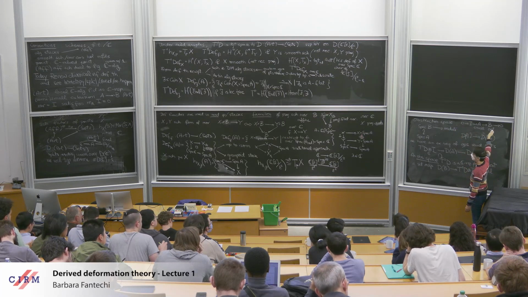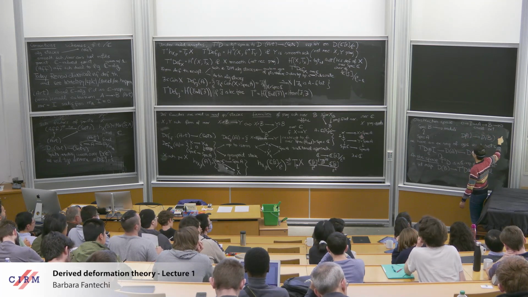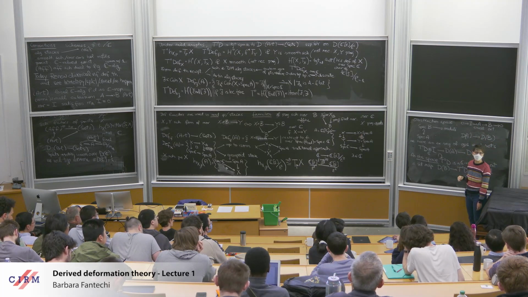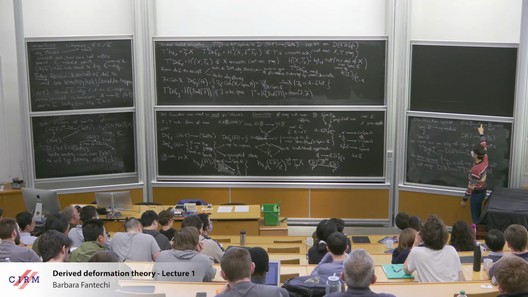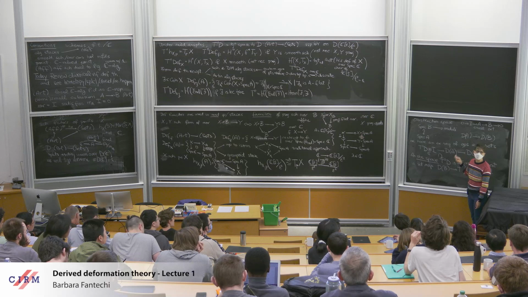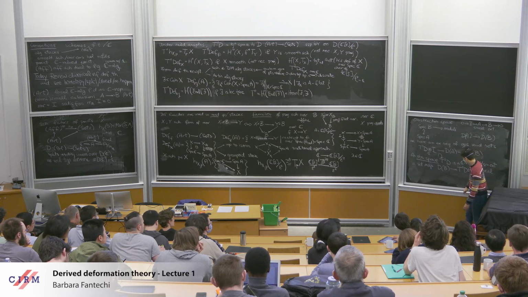What is a morphism of small extensions is that you stack two of them and you put vertical arrows such that diagrams commute. And you want the morphisms of algebras to be algebra homomorphisms and the morphisms of vector spaces to be C-linear.